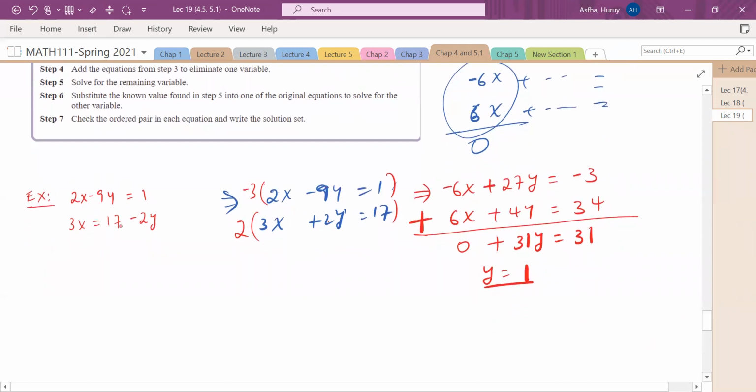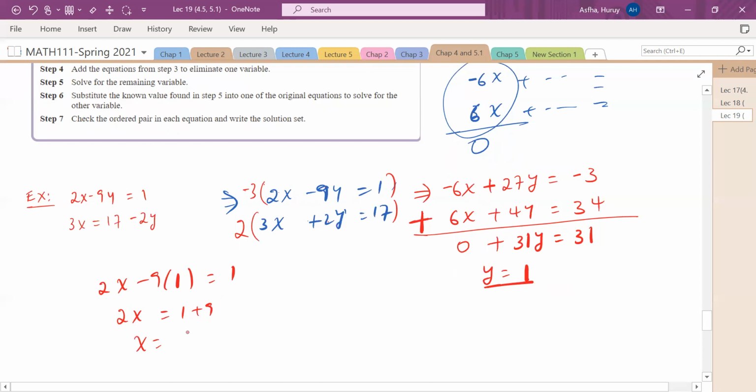So I will use the first one because the coefficients are smaller than the coefficients of the second equation, but it's totally up to you. So 2x minus 9, y is 1, equals 1. 2x, I will take 9 to the other side, so it will be 1 plus 9.